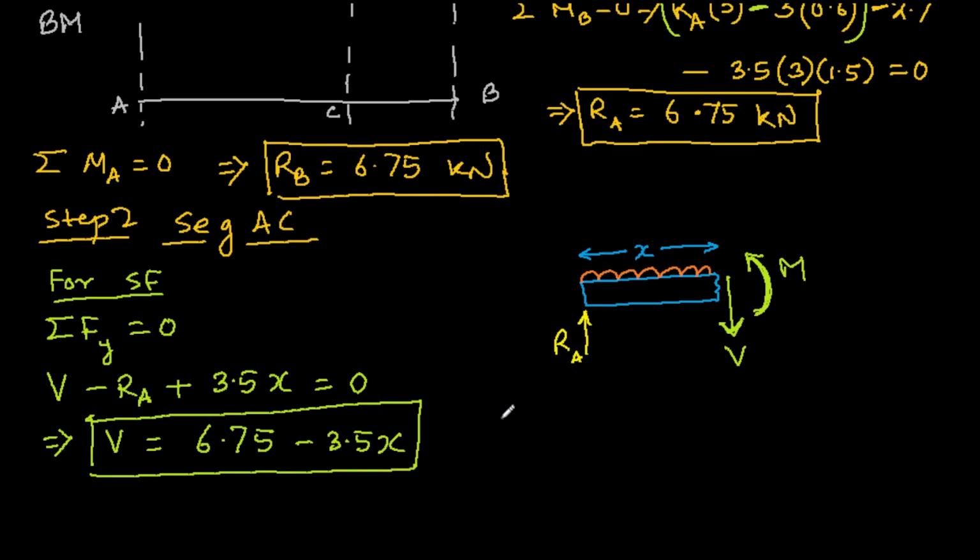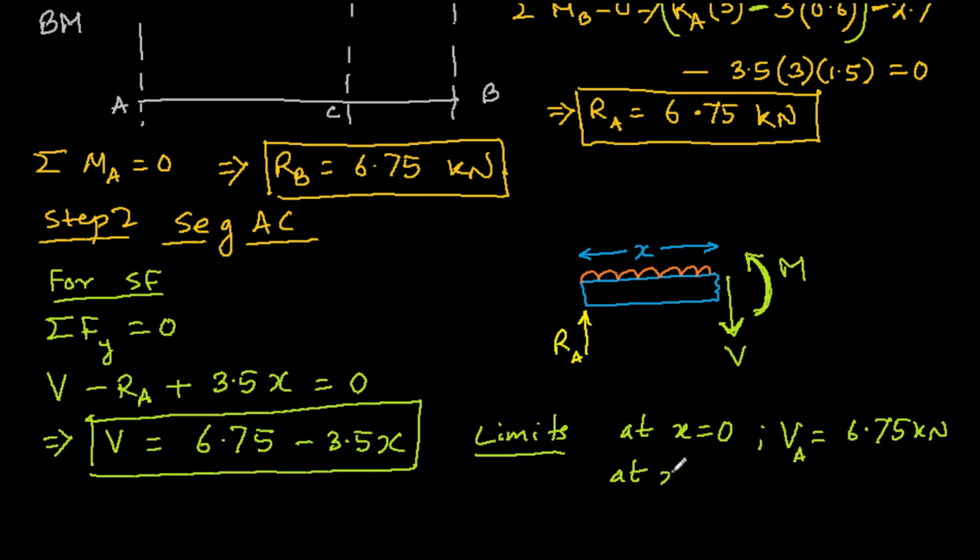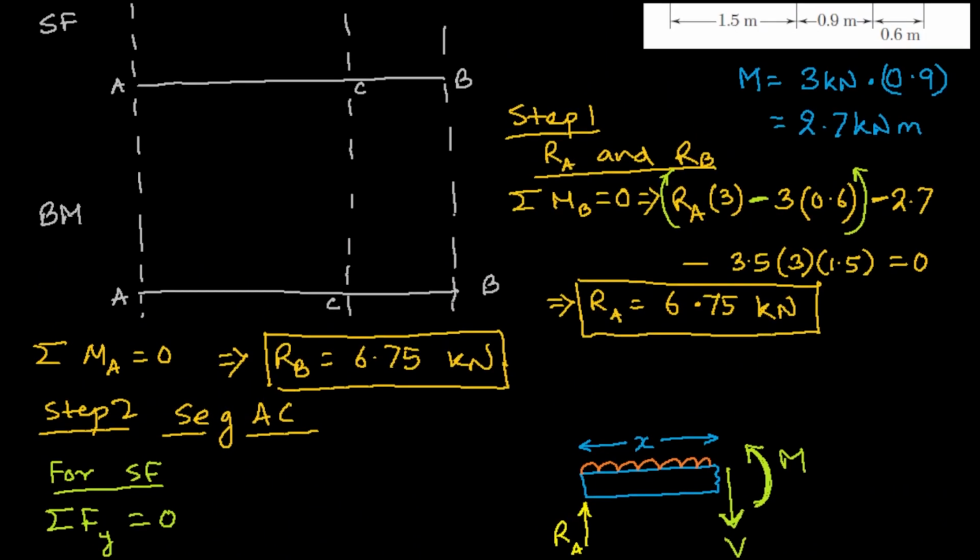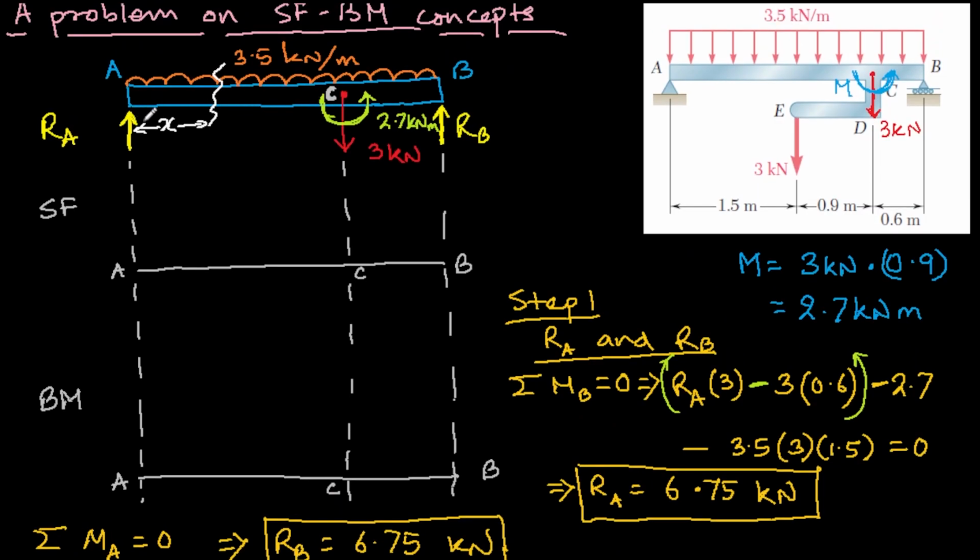Okay, then get the limits. At x equals 0, that is at A, V will obviously be 6.75. It's a linear equation, so we simply have to evaluate at another point, up to which it will be a single line.